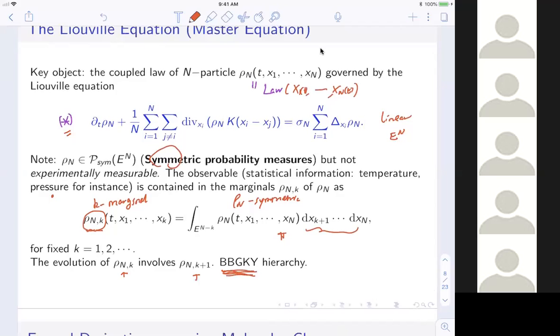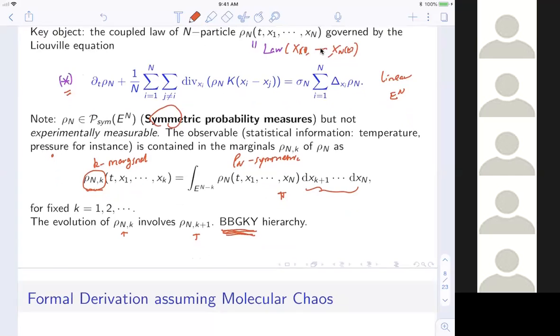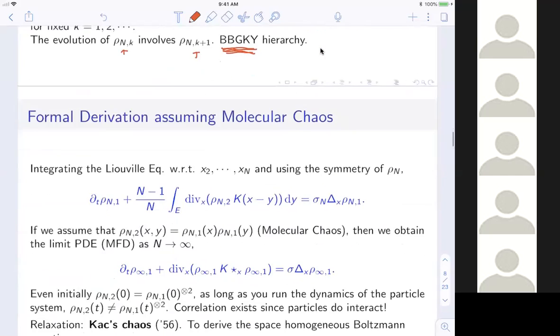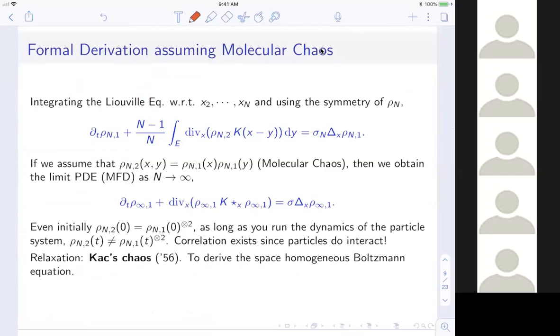If you write the evolution equation for the k-marginal, it will involve the next marginal, ρn,k+1. Let me give you one example. We can write the evolution of the one-marginal, and it involves the two-marginal.